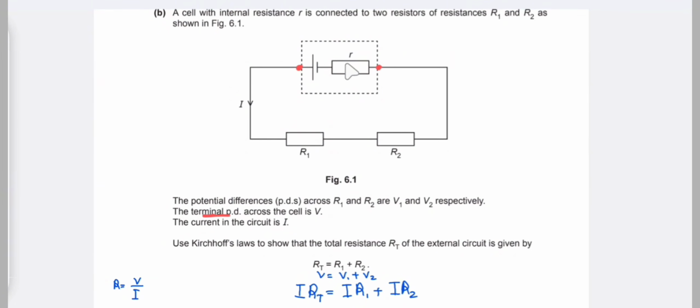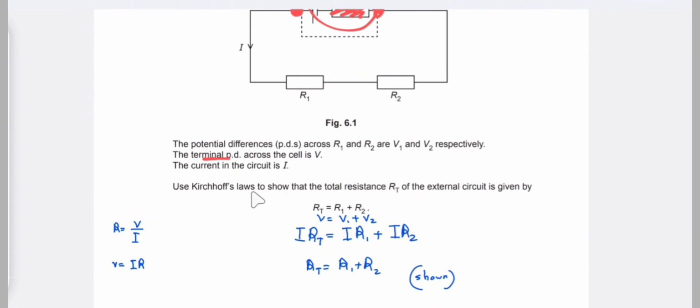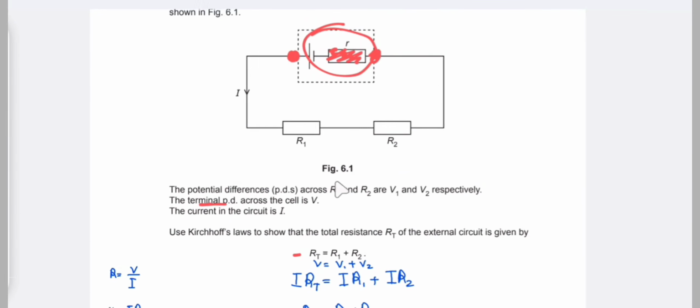This is our cell, and this is the internal resistance of the cell. Use Kirchhoff's law to show that the resistance R of the external circuit is given by this expression.